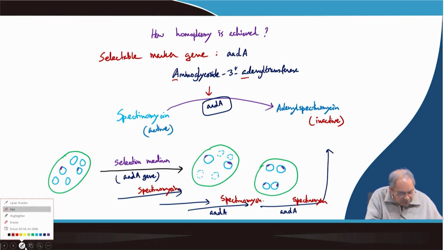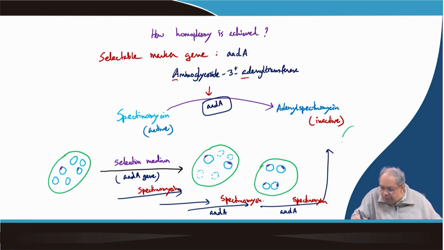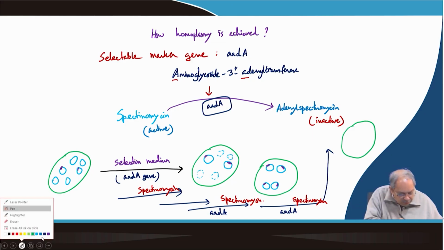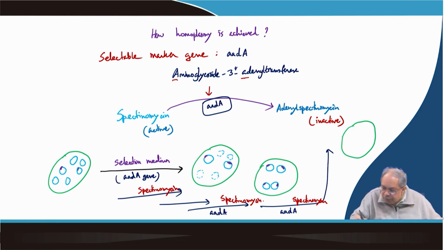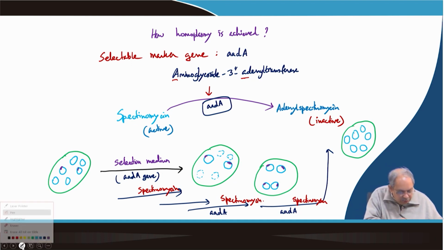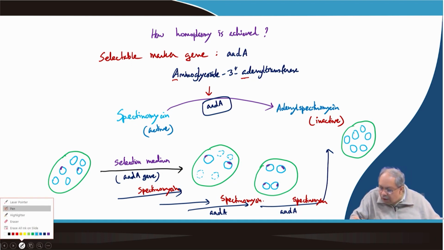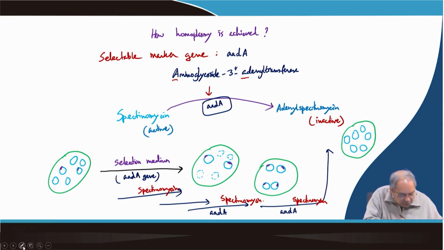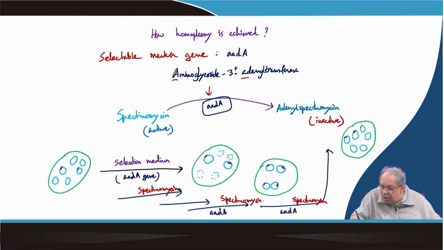So, eventually what will happen? You will be able to achieve a plastid where all these 6 circular DNAs will be produced by the subsequent cell division, and all these will have the gene of interest here.